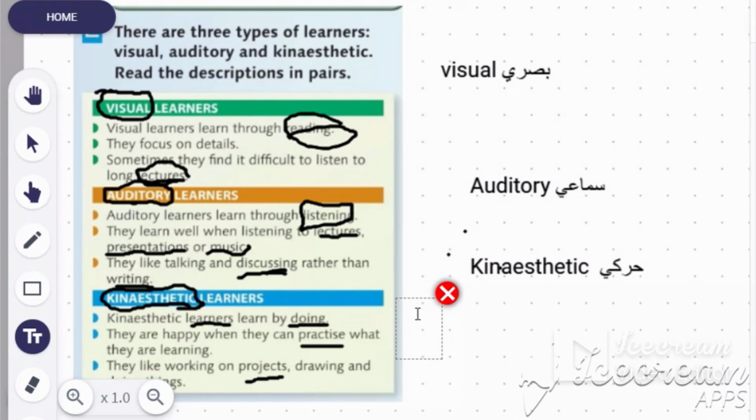So you will write the same as me. Now look at this sentence. Listen to this sentence, okay?